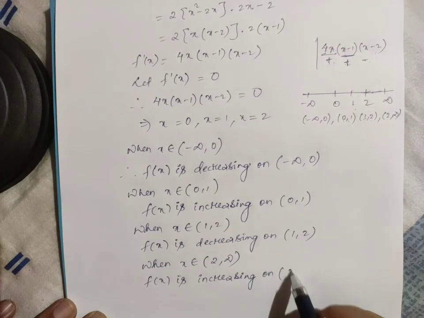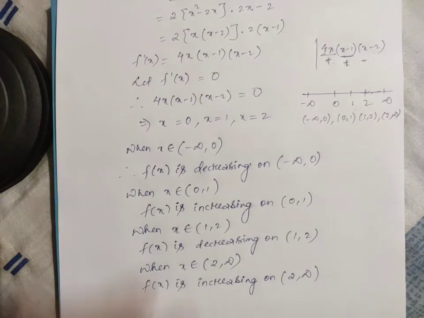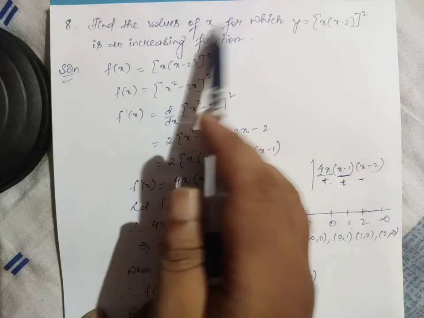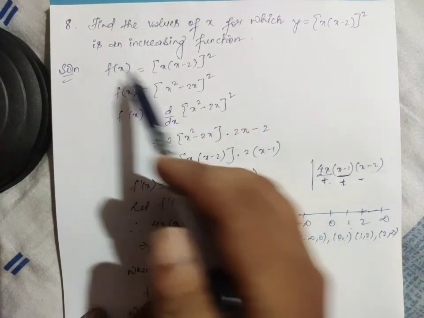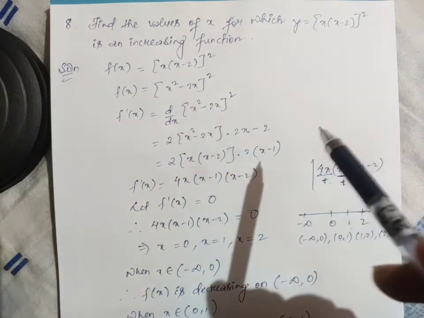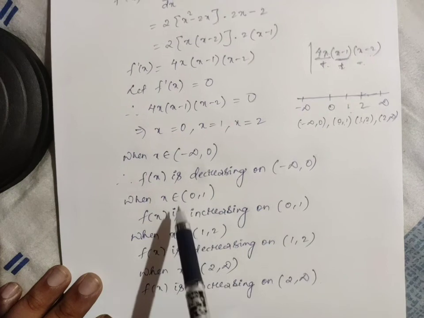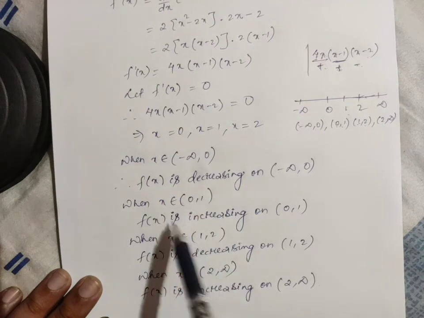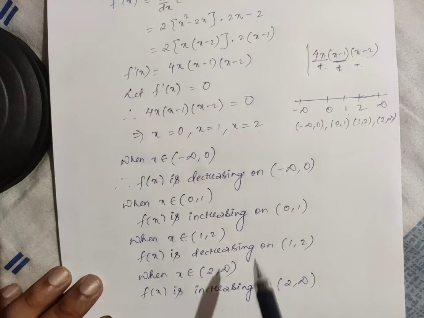In the question they have asked, find the values of x for which y equal to x into (x minus 2) whole square is an increasing function. So for which values of x is the function increasing? When x belongs to 0 comma 1, it is increasing, and when x belongs to 2 comma infinity, f of x is increasing.